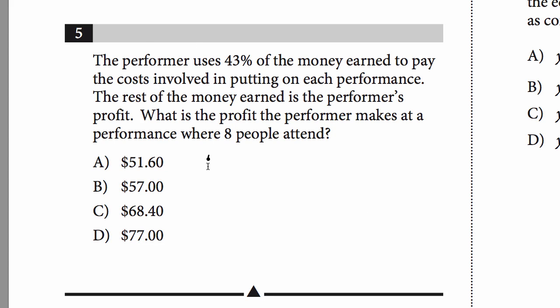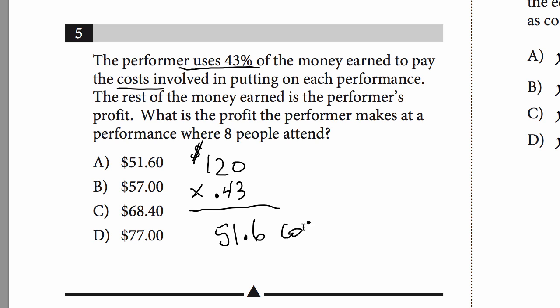So there's 120 bucks that he's getting for the show. And they say the performer uses 43% of the money to pay the costs. So I'll multiply by 0.43. So 120 times 0.43, so 51.6 goes to costs.